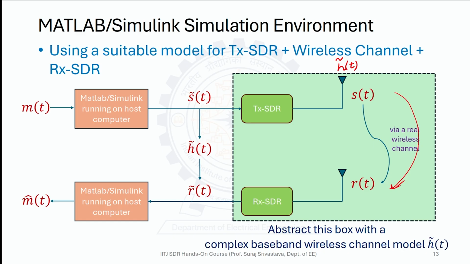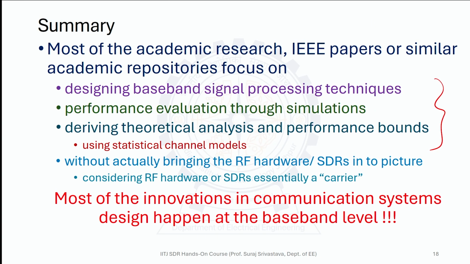For all the modulation schemes and for all the SDR based experiments, one has to clearly understand what the S tilde T is, corresponding to the final modulated waveform ST. So the role of this S tilde T is that by working in the simulated environment, most of the signal processing techniques can be done, and most of the innovations in communication systems happen at the baseband level.